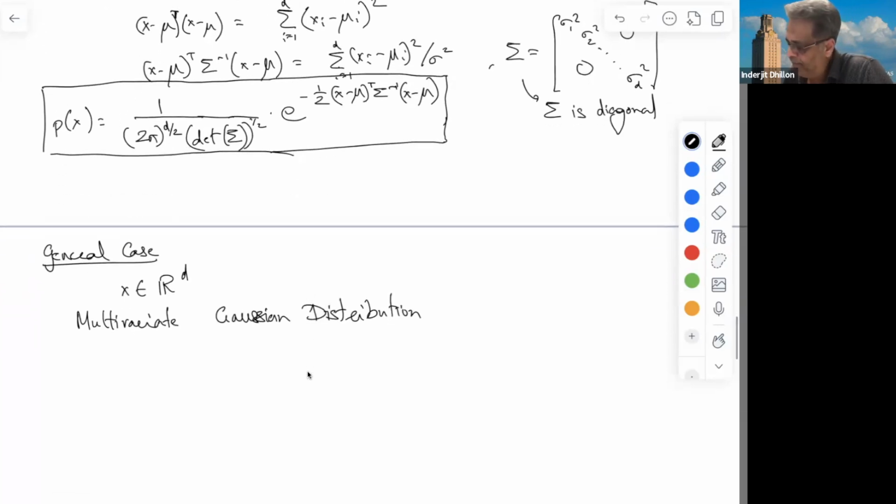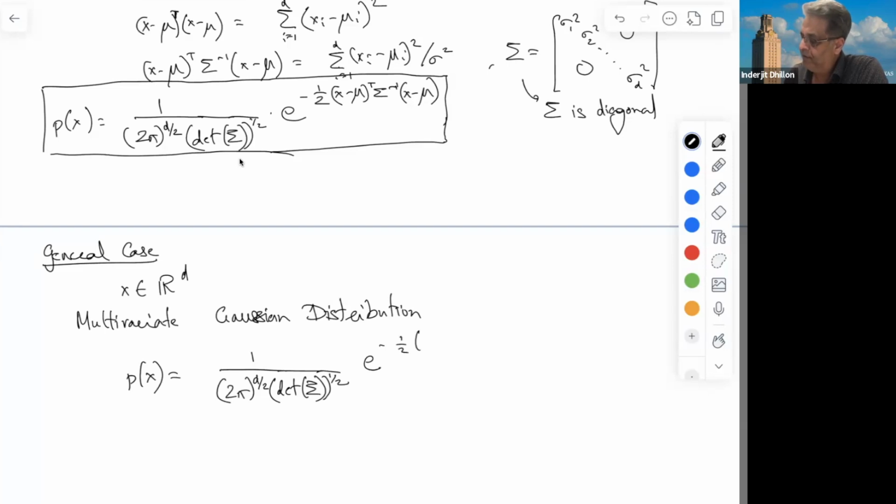What's the PDF given by? Well, guess what? It's going to be identical to this, except the matrix sigma will not be diagonal. So 1 divided by (2 pi) to the power d by 2, determinant of sigma to the power half, e to the power minus 1/2 (x minus mu) transpose sigma inverse (x minus mu).